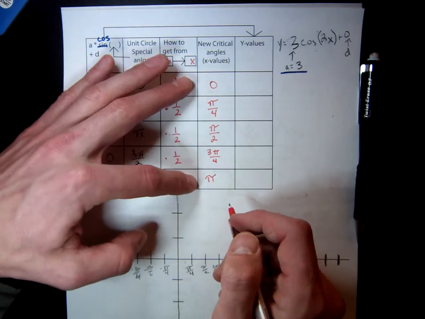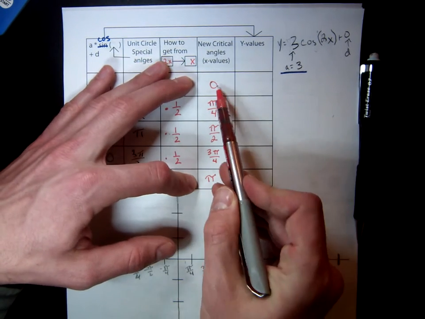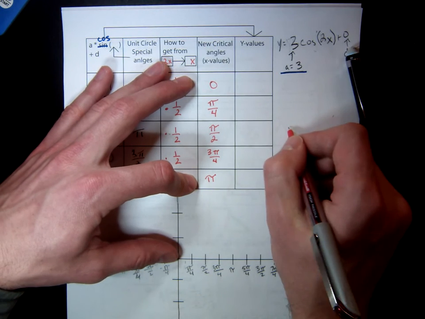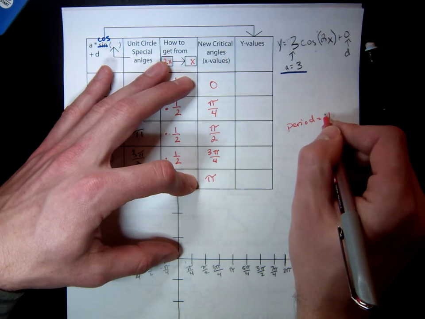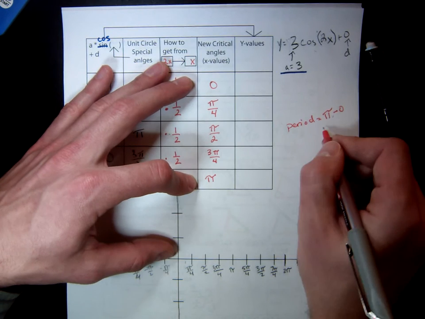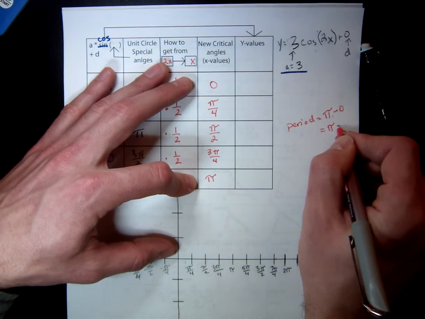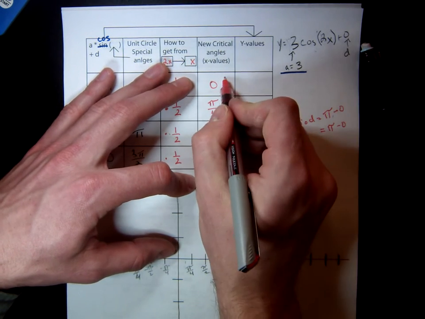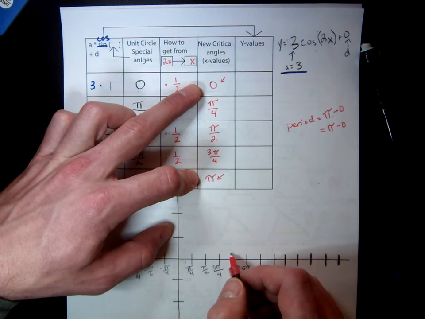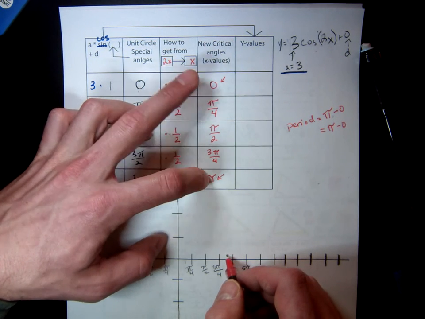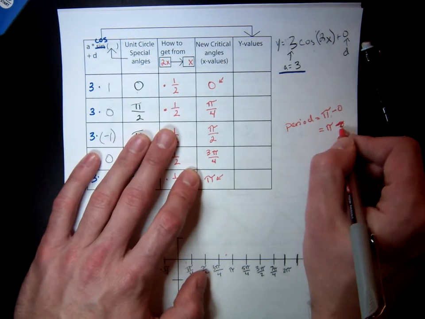So now we can see that our period is going to stretch from 0 to pi. Therefore, our period must be pi minus 0, which is equal to pi. And again, you can get that period by subtracting the first new critical value from the last one. That's how long it takes to go through one full cycle.